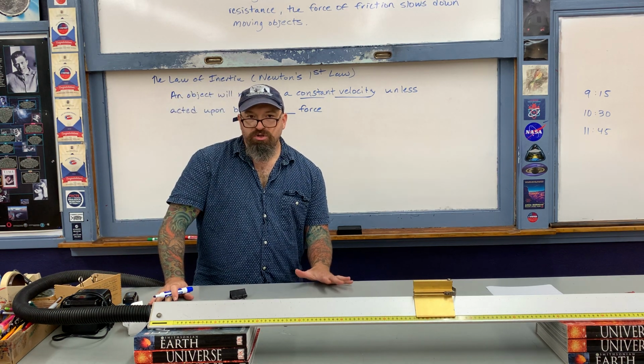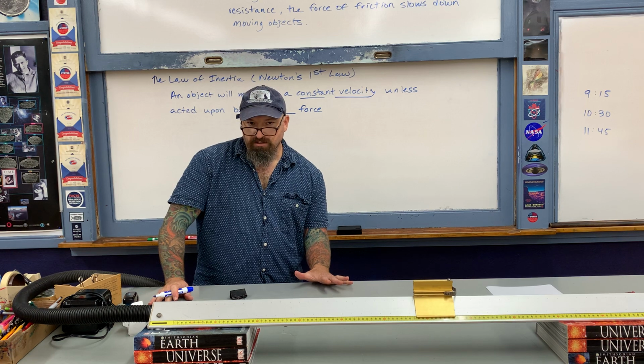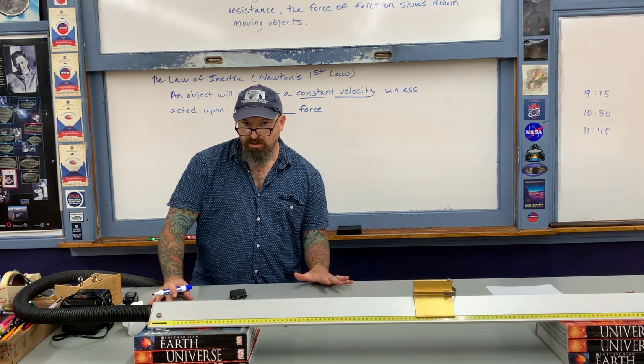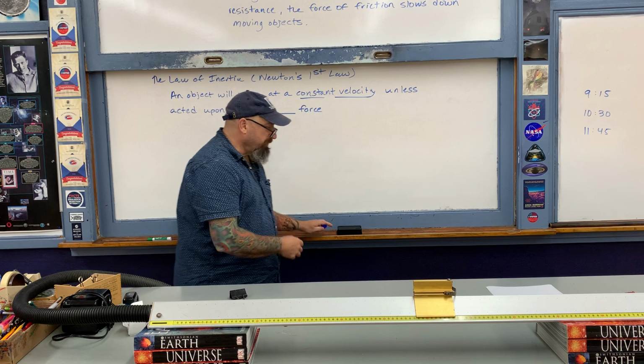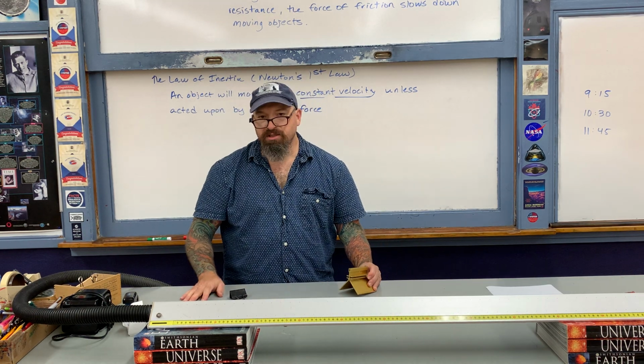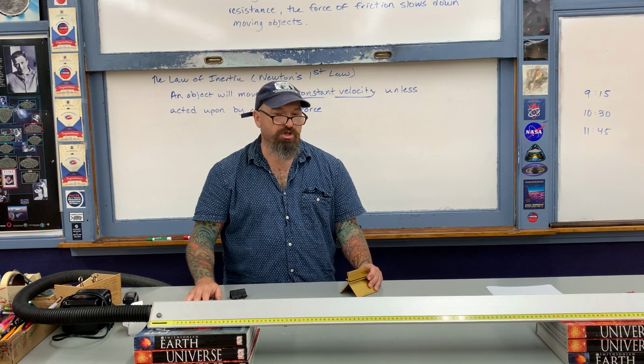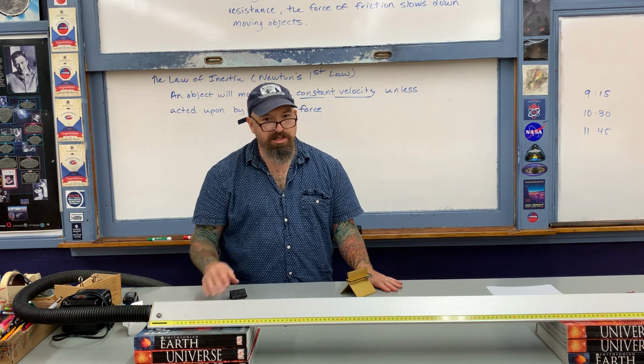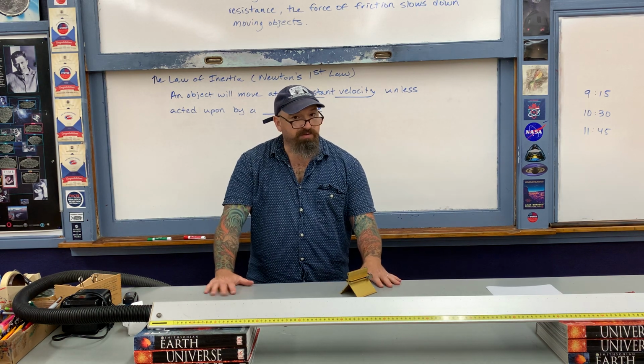Okay, now let me show you a more modern version of Galileo's experiment illustrating the law of inertia. I'm going to do so by using this device that I have here at my desk, which is called an air track. It basically works exactly the same way as a two-dimensional air hockey table does. In this case, however, the motion is one-dimensional. Now, underneath my desk, I have an air source.